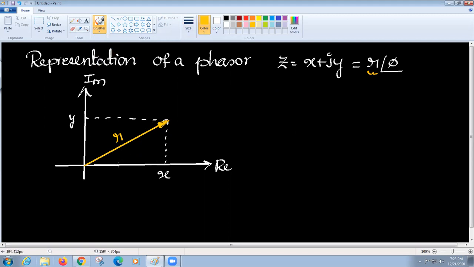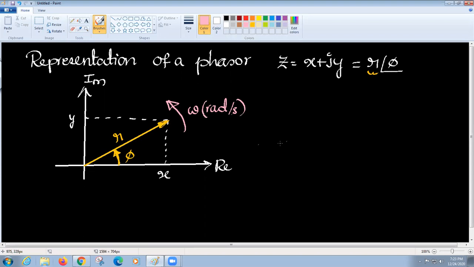And of course, by convention, anti-clockwise journey is my positive journey. So this is the angle phi. Now the rotation, the angular speed, or in this case you have angular frequency, in radians per second.